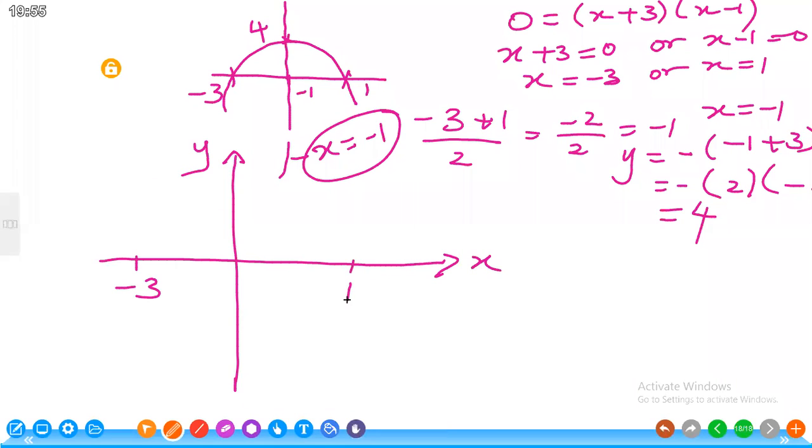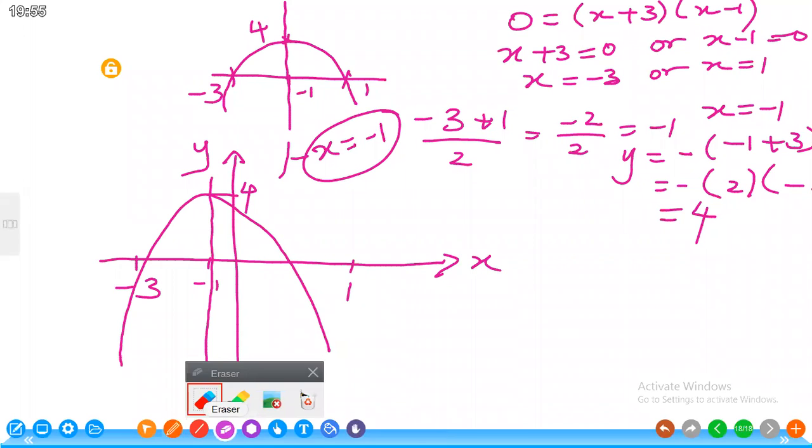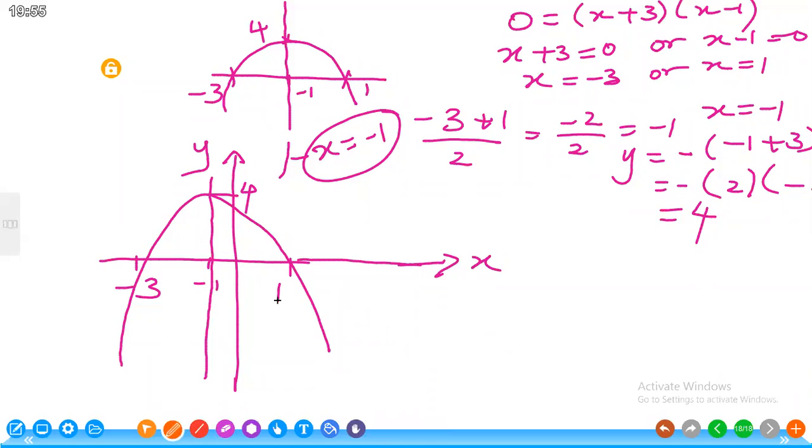The equation of axis of symmetry is x equal to negative 1, and the maximum point, the turning point, is positive 4. The graph is something like this, right?